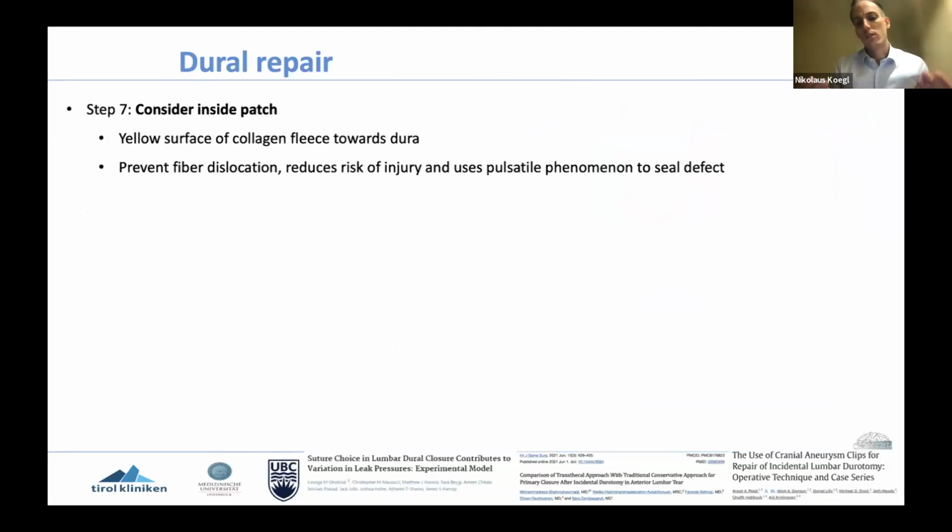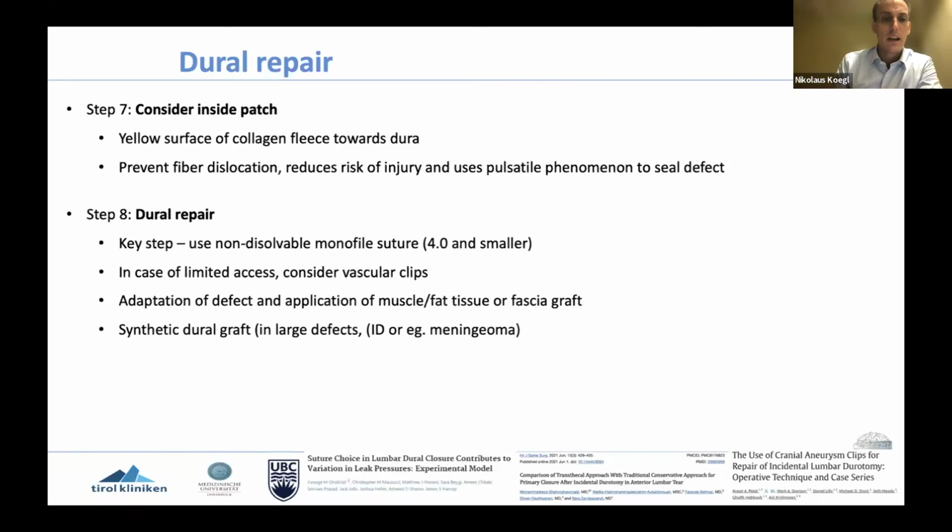If the defect is large enough, use the CSF as your tool and your help to prevent any further CSF leak. That just prevents any dislocation of the nerve rootlets. If the anesthetist is kind, the patient won't wake up and you have this little whale blowhole and the rootlets stick out again. So that definitely helps.